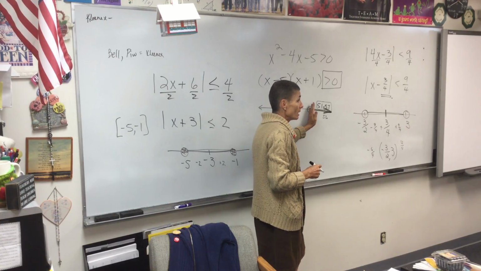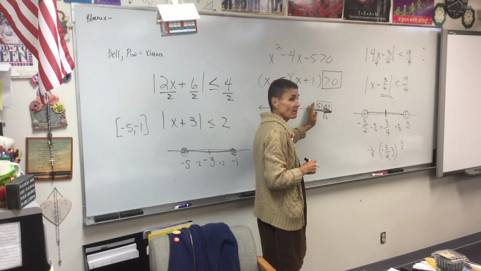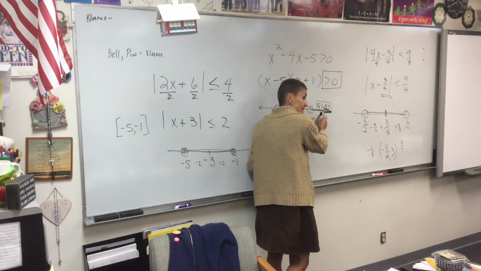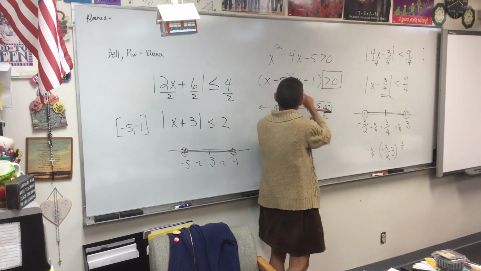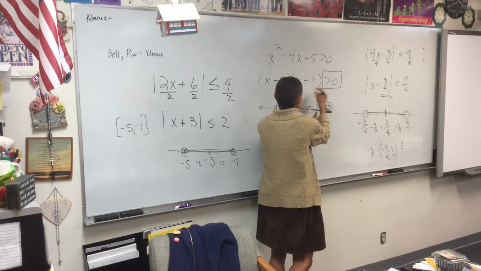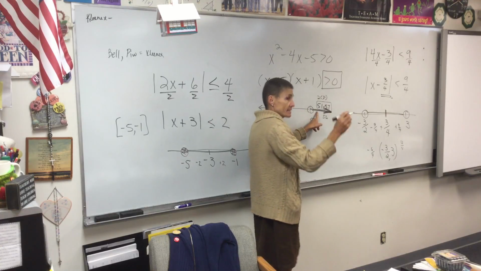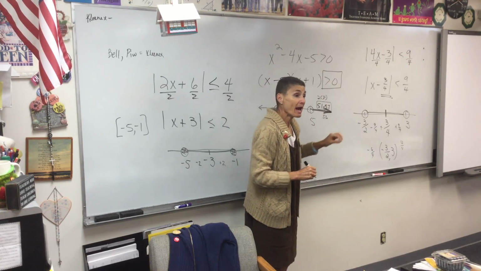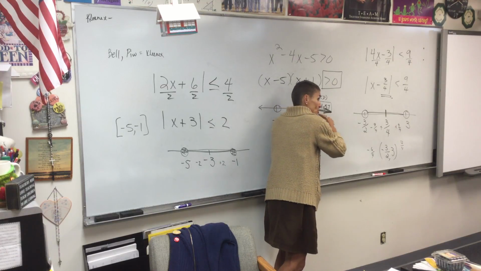Now, I might have said my favorite number is 7. 7 is in the same section of the number line, isn't it? It's over here. If I put 7 in, I get 2 times 8. Does that give me a positive number? Yes. In fact, does it matter which number you pick over here?